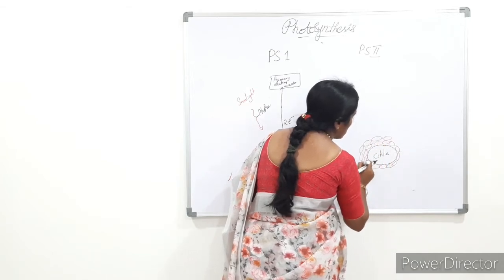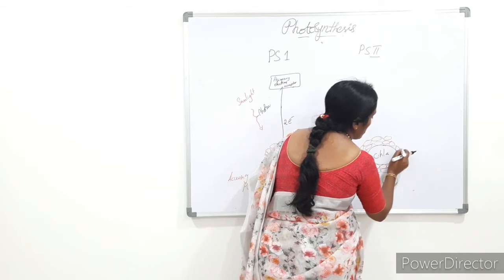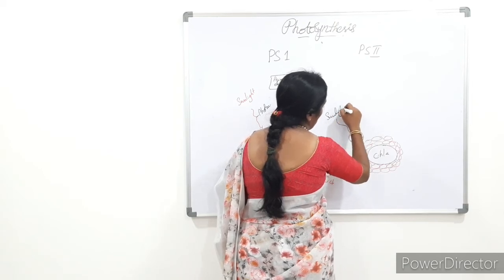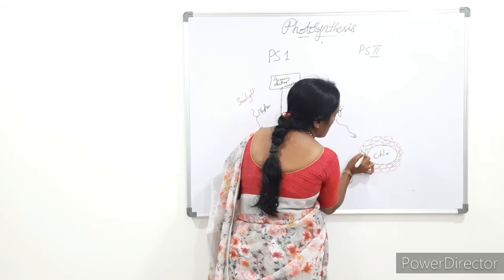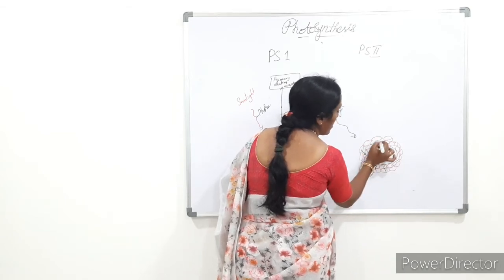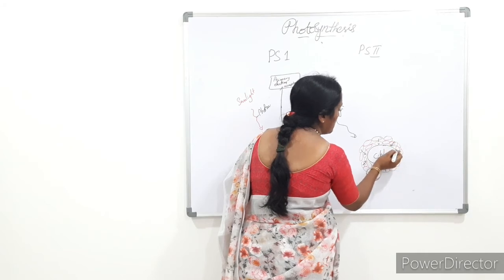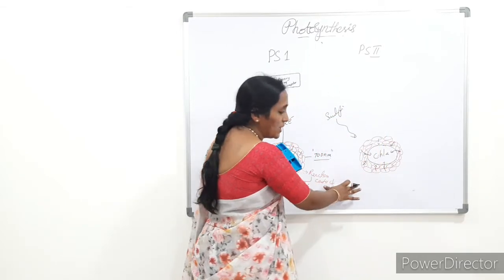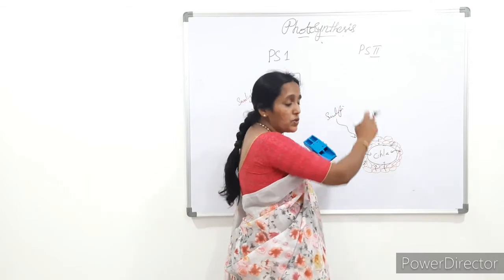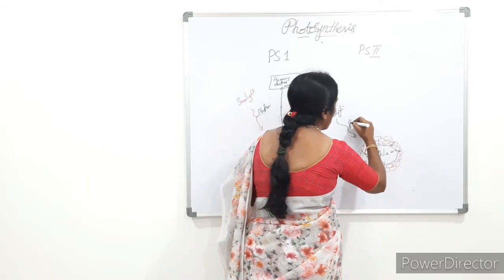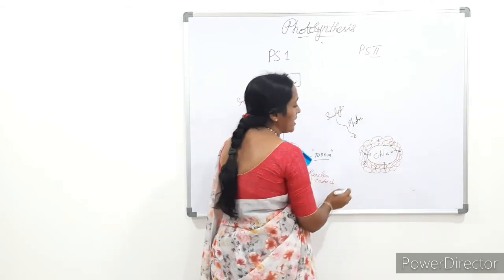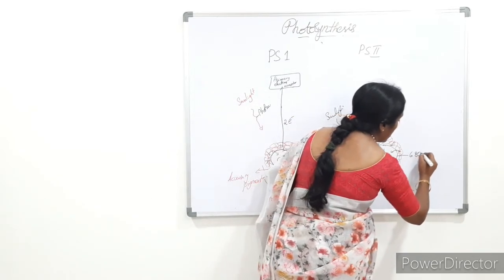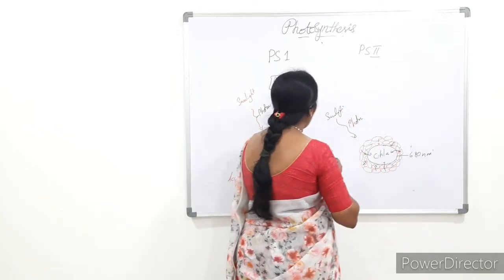In the same way, when the sunlight falls on this, the photons are passed from one to another, and finally these photons are passed to the chlorophyll A. The difference between these two is that in photosystem 2, this chlorophyll A absorbs the photons at 680 nanometers. So the same thing is happening here also.